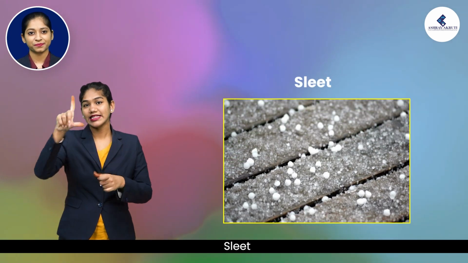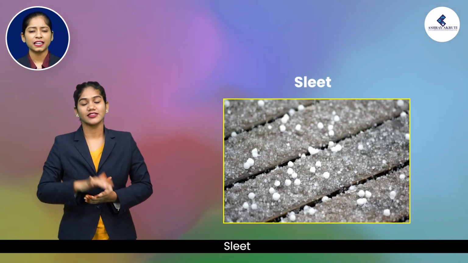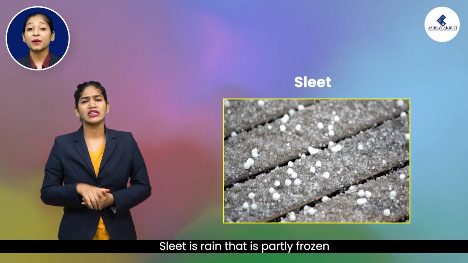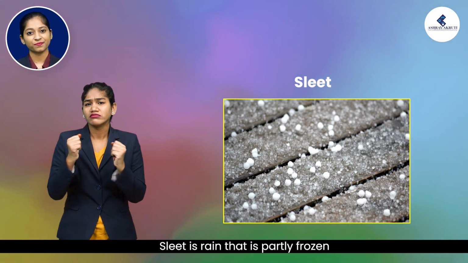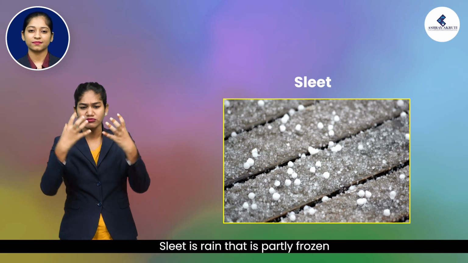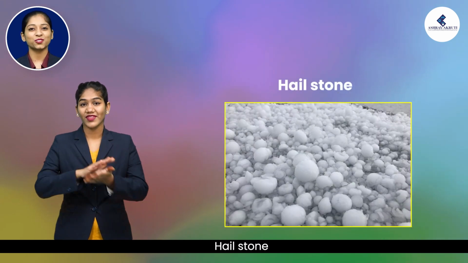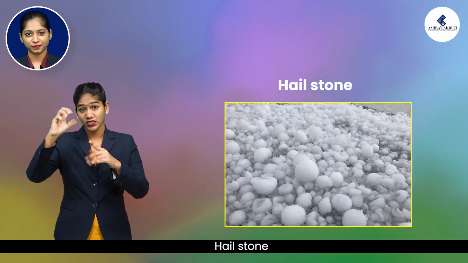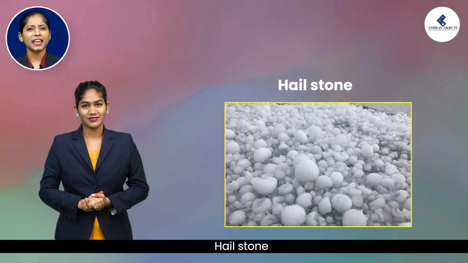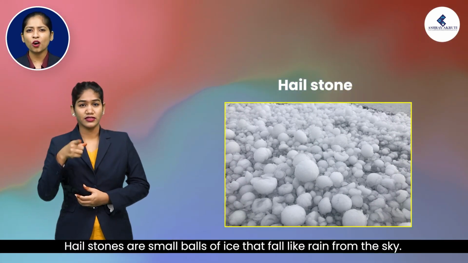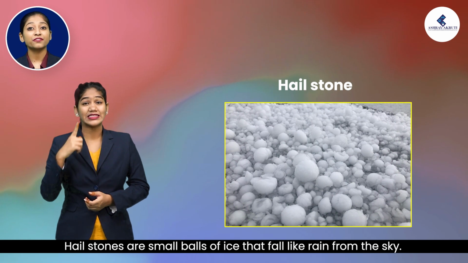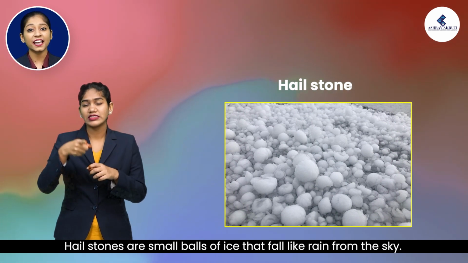Sleet. Sleet is rain that is partly frozen. Hailstone. Hailstones are small balls of ice that fall like rain from the sky.